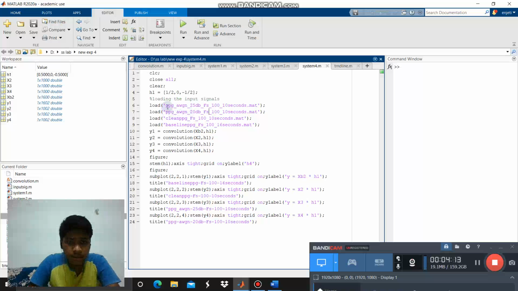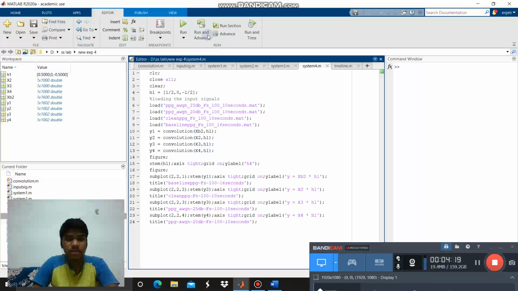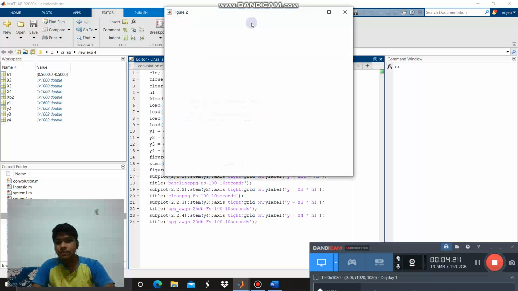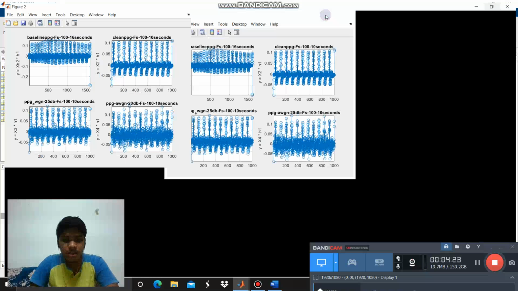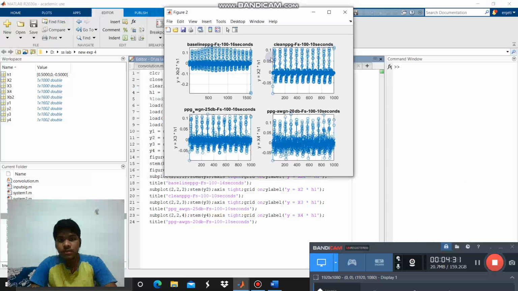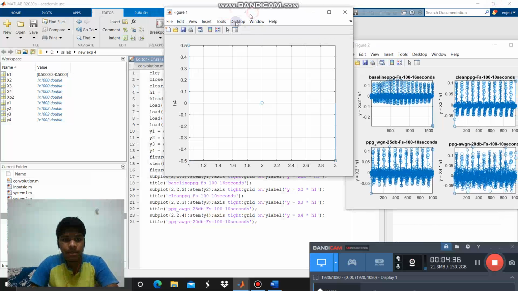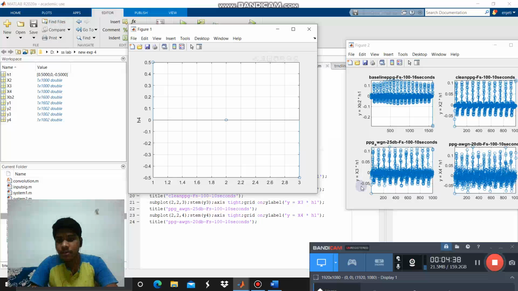We are loading all the input signals, and the output of the convolution is this. Here we can see that only high frequency is passed, so we can say that system 4 is a high pass filter, and this is the impulse response for system 4.